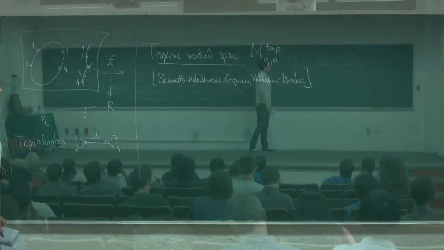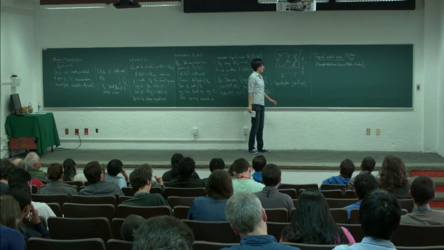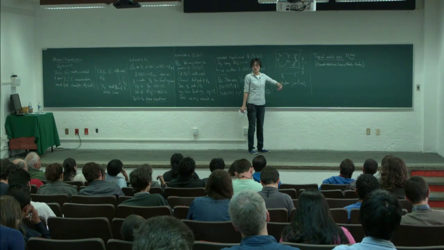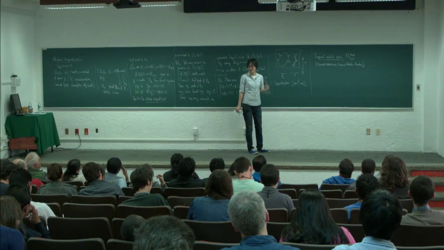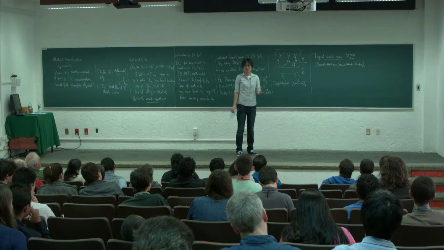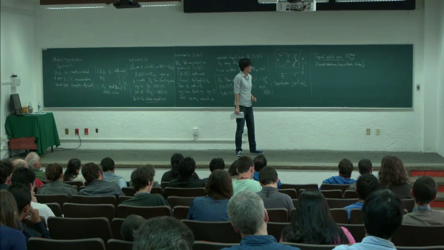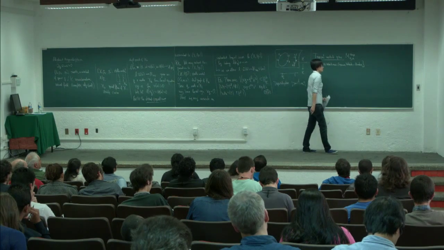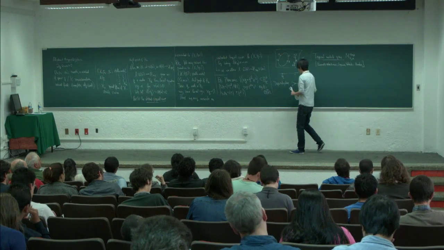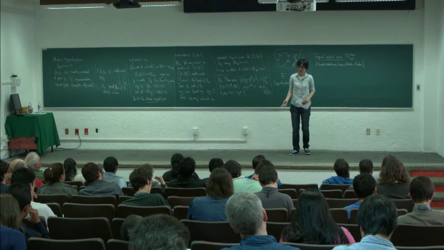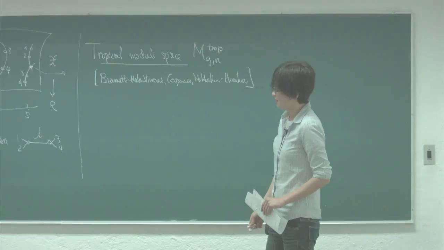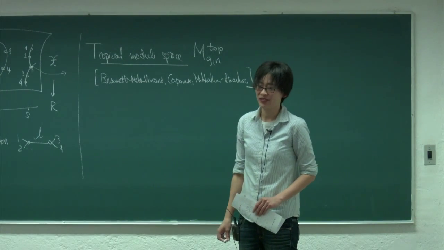And for those who are interested, it somehow has as an ancestor the work of Culler and Vogtmann on outer space. So there have already been in the literature plausible and very interesting spaces of marked metric graphs, basically. But okay, let's just start from first principles. I want to construct some topological space which parametrizes isomorphism classes of genus g, n-marked tropical curves.